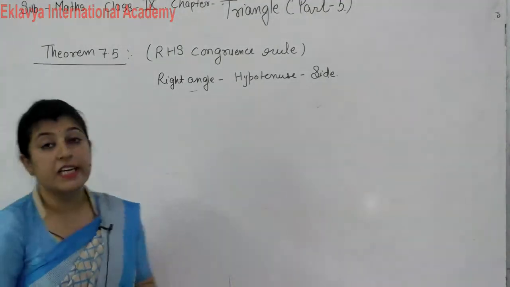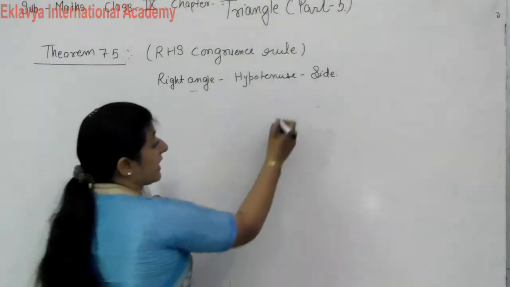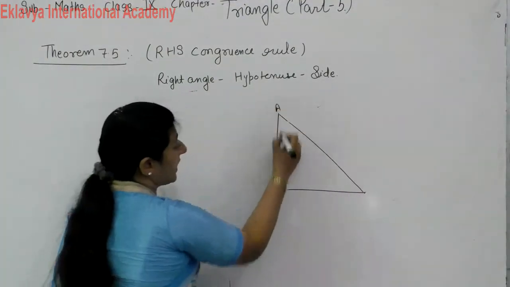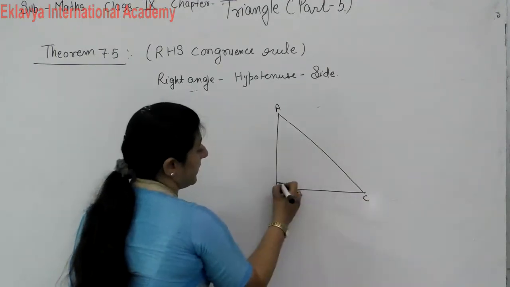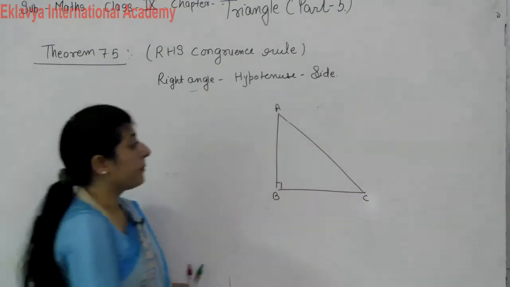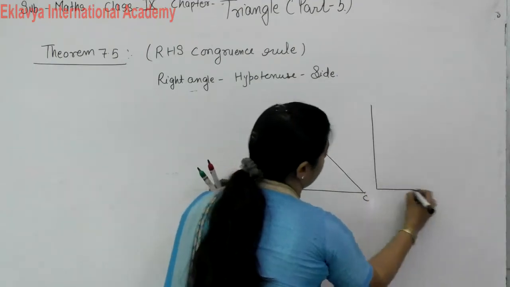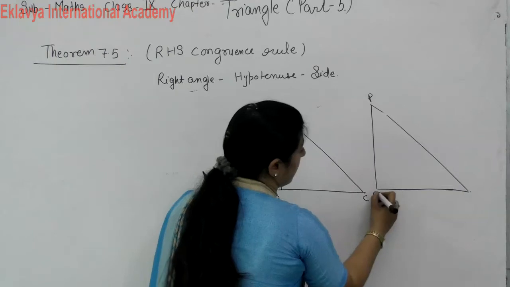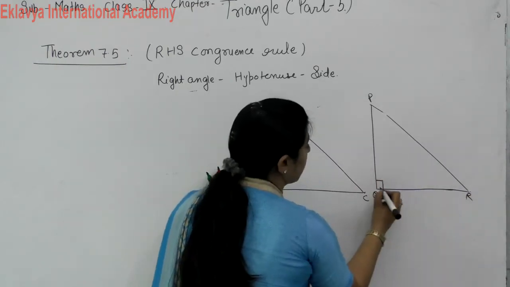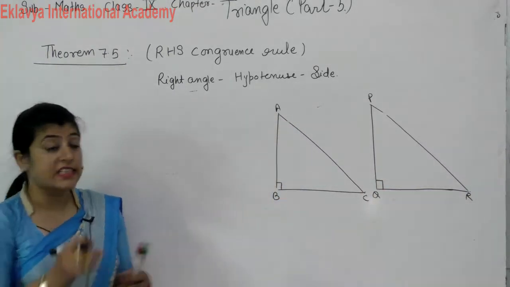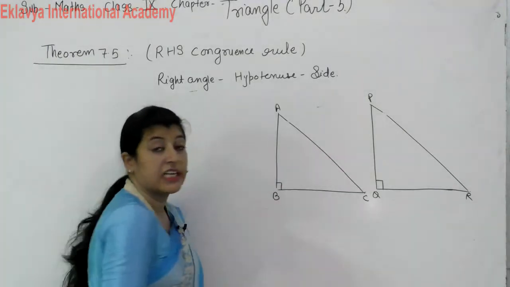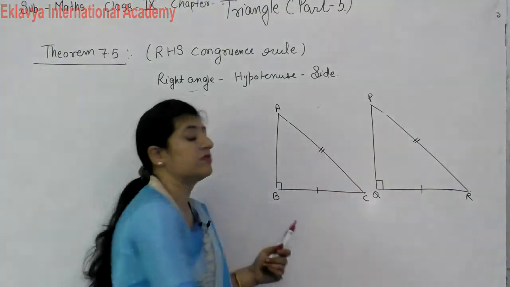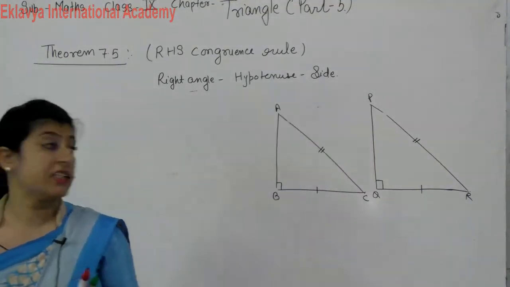How to prove it? We take two right angle triangles: one triangle ABC which is right angled at B, and another triangle PQR which is right angled at Q. It is given that both are right angle triangles, the hypotenuses are equal and one side is equal.